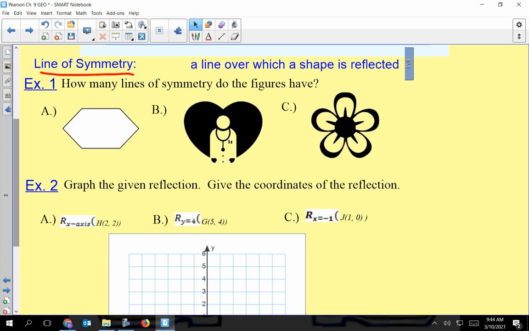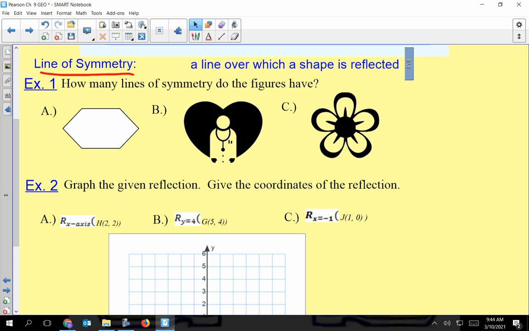There are not going to be any little parts that aren't matching up with something else. We can fold it on that line and match it up, okay? So using A, which is a hexagon, can I draw a line through it on which I could fold it in half, basically, and it would map onto itself, okay?